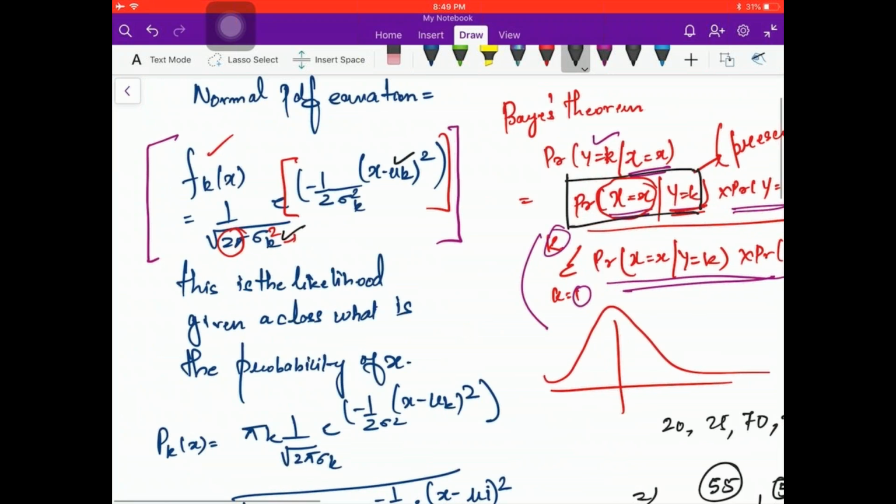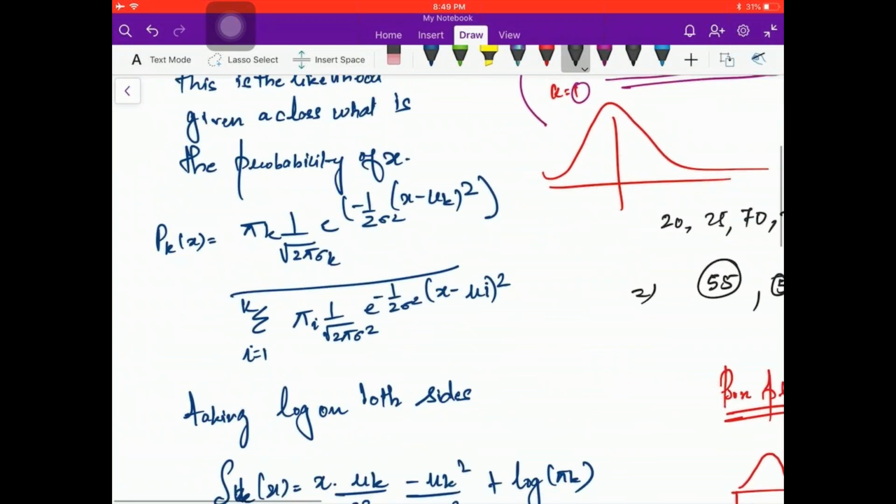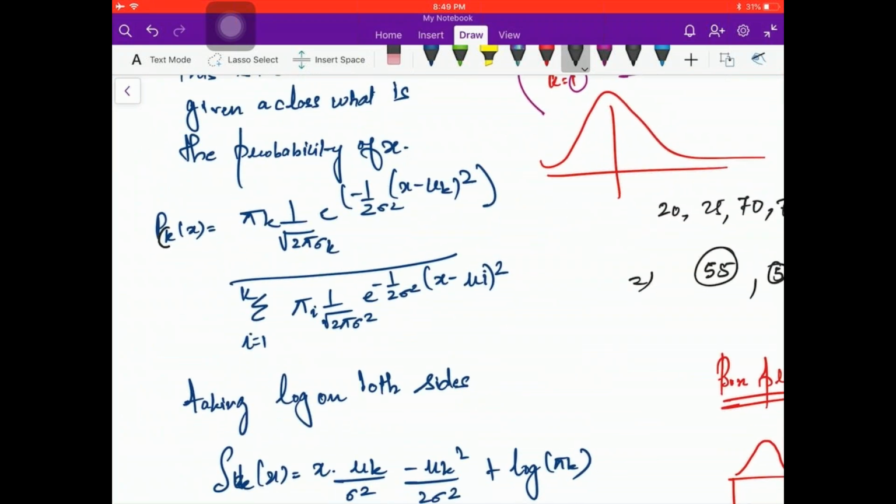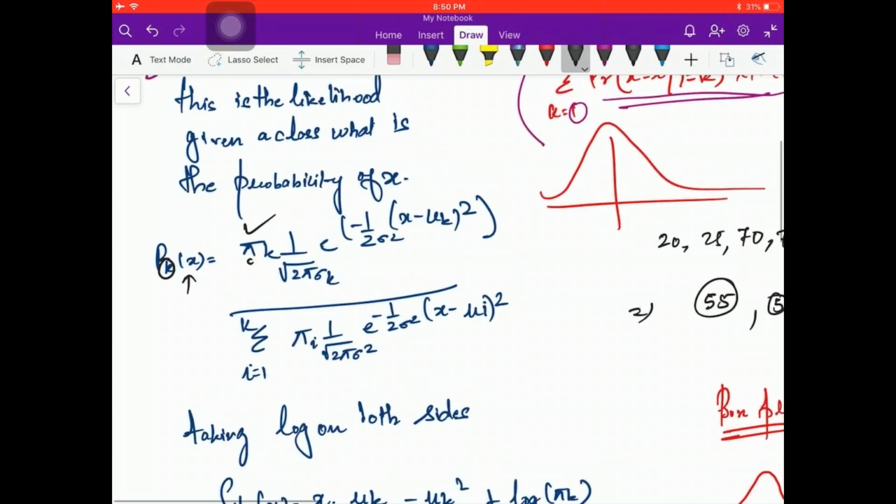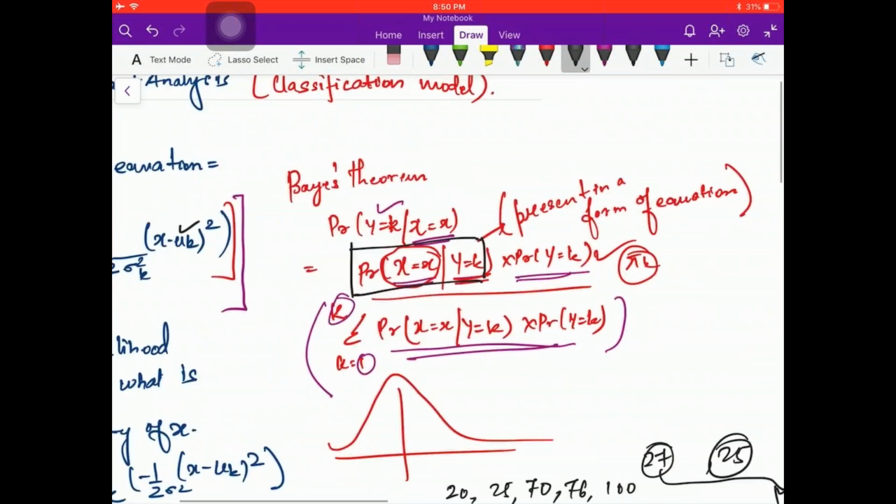So this is basically the probability of class K given X equal to the formula which I just told, into pi K, the symbolic representation, divided by the sum of that. I have written the pi K here. Simple, right? I've just replaced this part in the form of an equation.